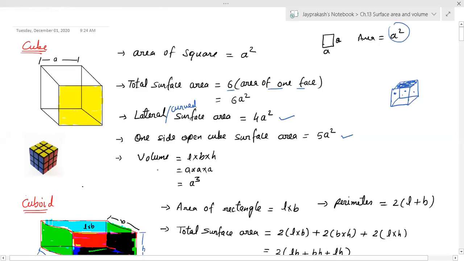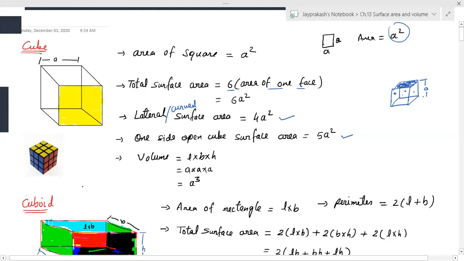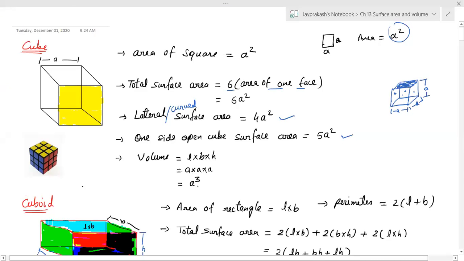Now if we talk about the volume, volume is L into B into H. But in the case of a cube, all the sides are the same. So this one is the height, this one is the breadth, and this one is the length. So we are using here A into A into A, that is A cube.